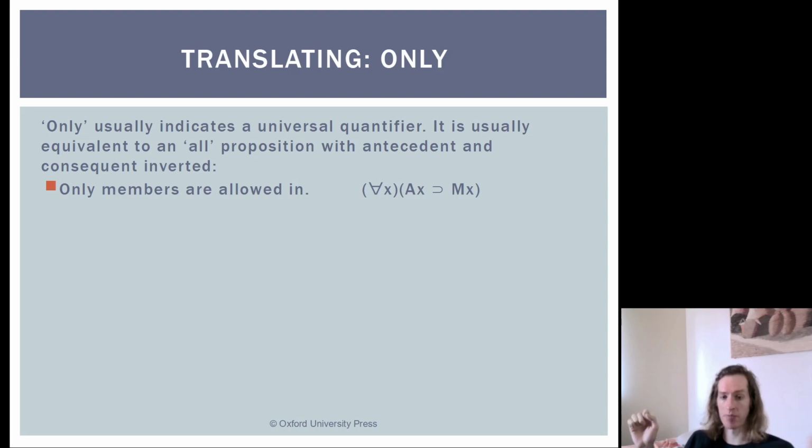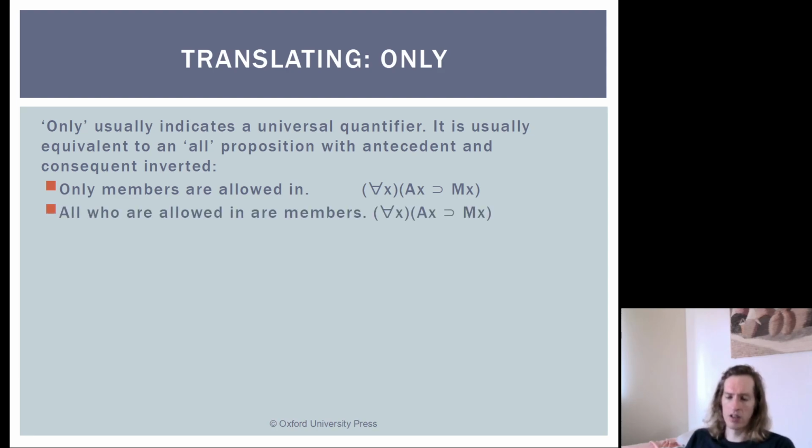I know that if something is allowed in, then it is a member. It's possible that something could be a member and not be allowed in, so it wouldn't work the other way around. But I know that if something is allowed in, then it has to meet this condition of being a member, because members are the only group of things that are allowed in. So for all x's, if x is allowed in, then x is a member.